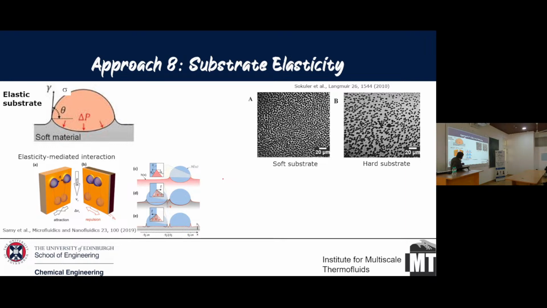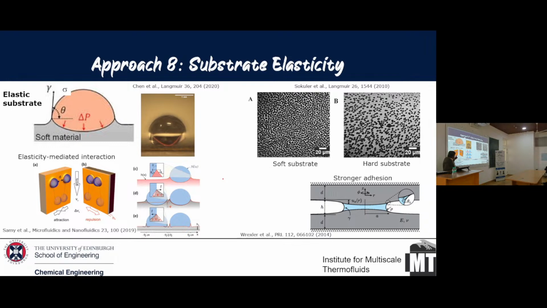Okay? There is another example which I would like to show. This one is a droplet sitting on an elastic surface, and as it evaporates, it folds the surface. So it's capillary origami. Okay? So this was one of my own students, she did that.